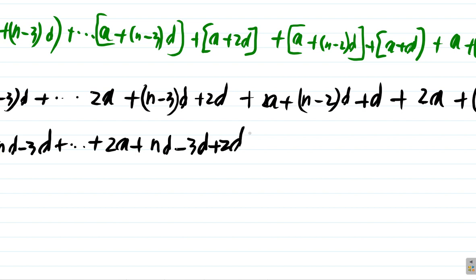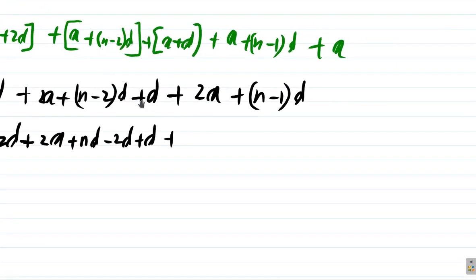Plus 2a plus nd minus 2d plus d plus. Then here you have 2a plus nd minus d.